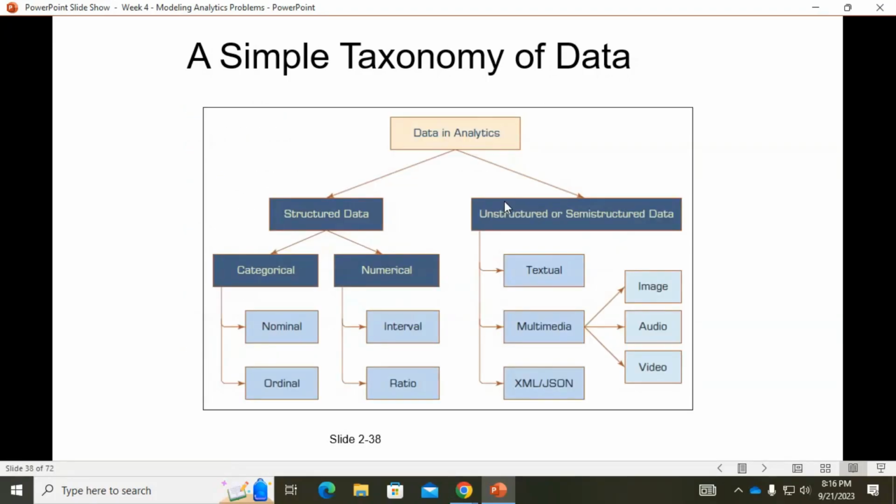Okay, so let's look at taxonomy of data. We're going to break down all the different types of data that you can look at, which I kind of already referenced. So you have structured versus unstructured or semi-structured data. Those are kind of the first general categories. With unstructured data or semi-structured data, that's things like text.